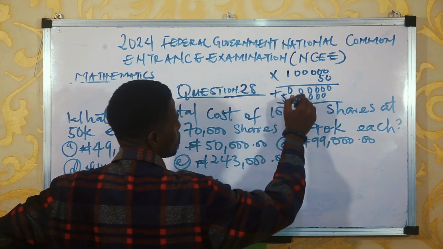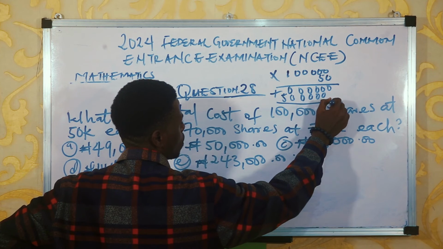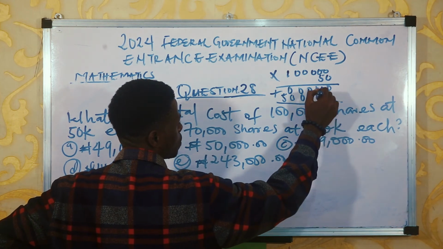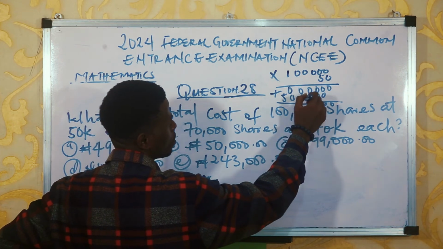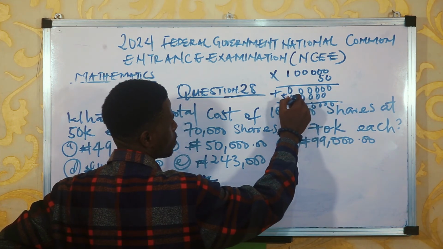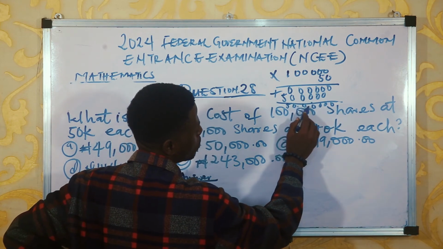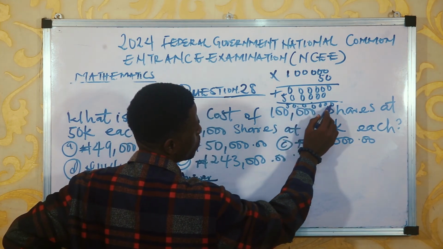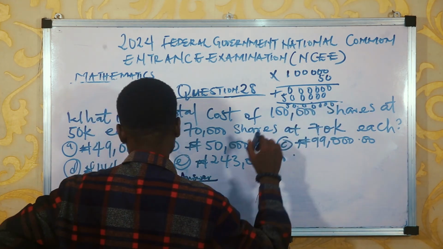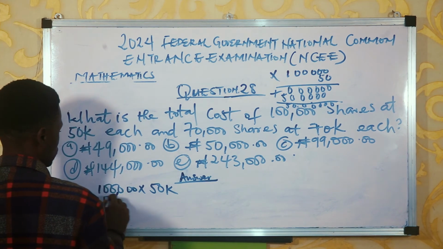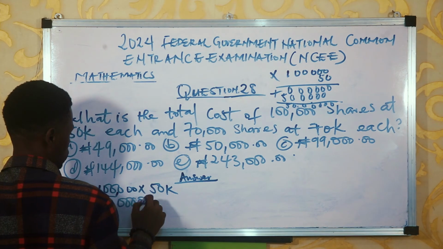So if we add it together, we have 0, 0, 0, 0, 0, and 5. So definitely we have 5 million. That's 5 million kobo.